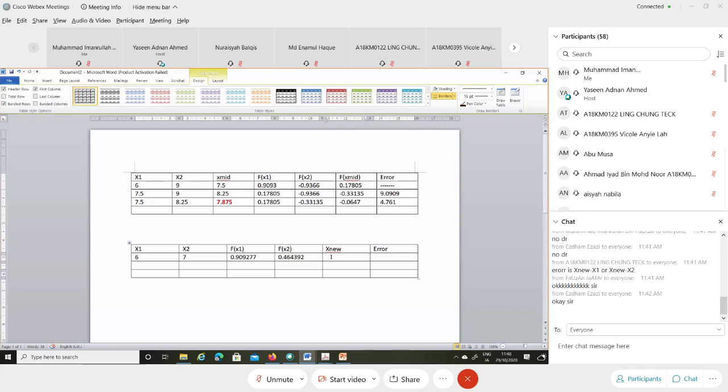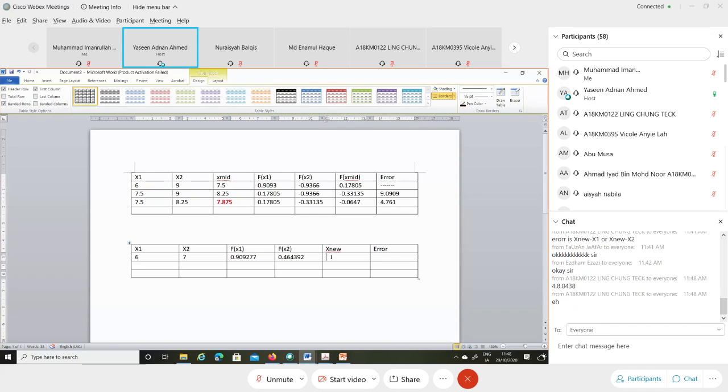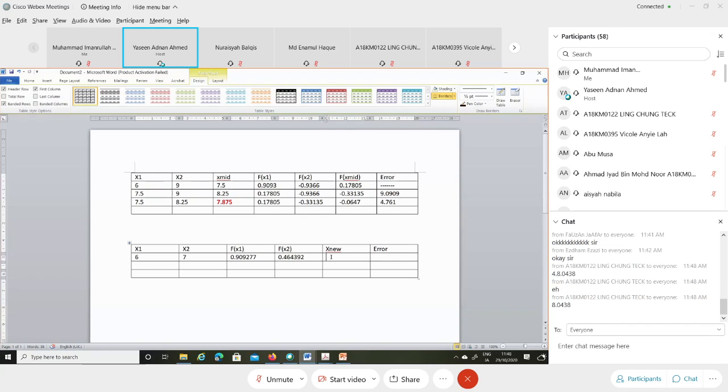Are you calculating? Why it takes long time? Is it problem? Any problem? What is this? 4.8 point? Which one? 4 point or 8 point? Yeah, oh, okay. 8.0438, you mean, right?